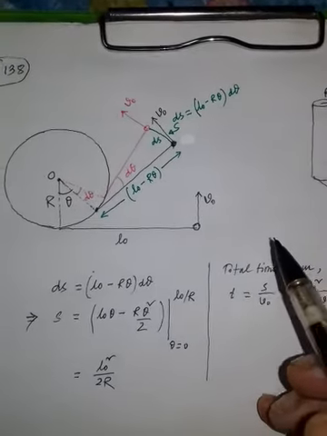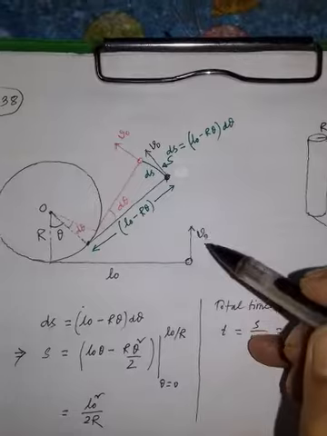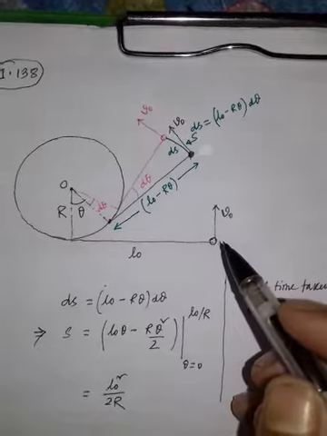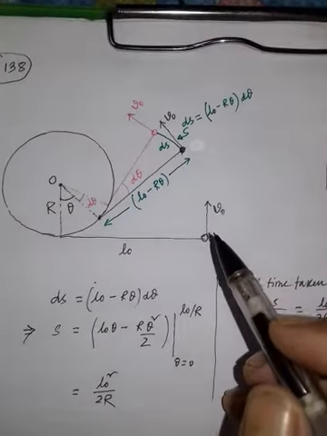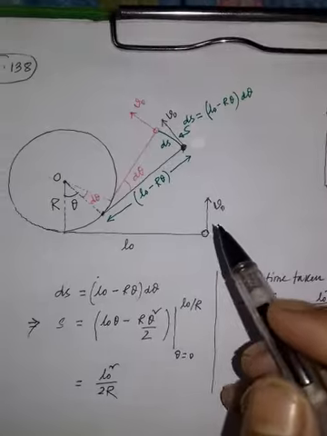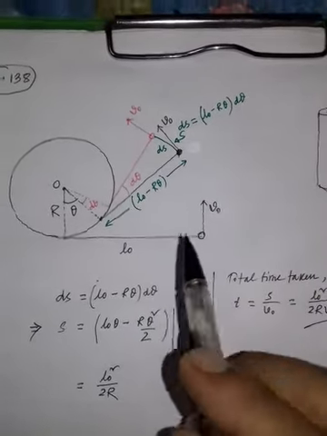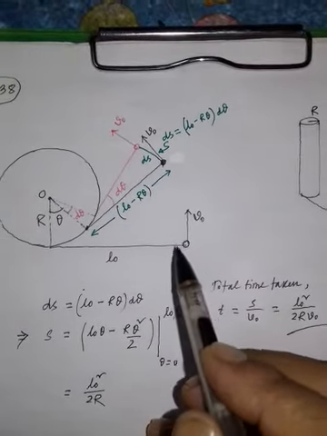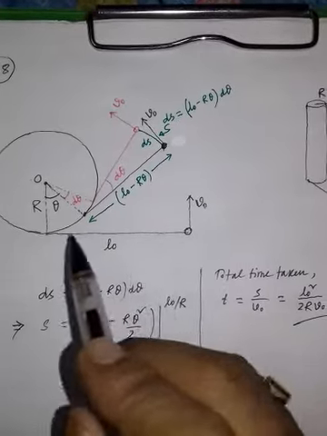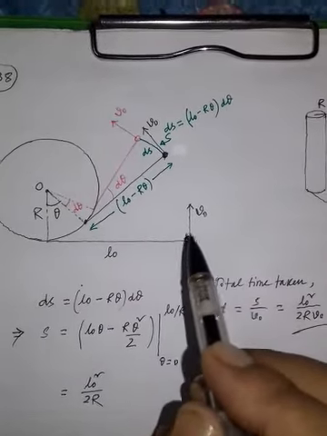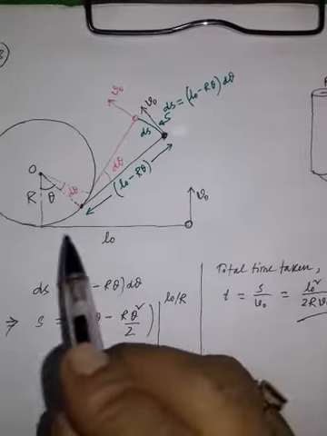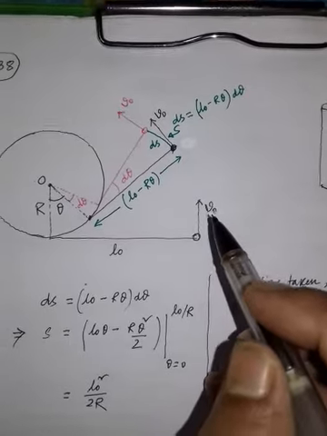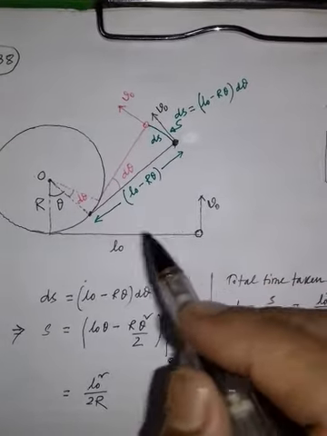Now this disc will move with constant speed, that is, the magnitude of the velocity remains constant. Why? Because the force on this disc here is the tension, and there is no displacement of the disc along this direction. The direction of V0 is always perpendicular to this string.